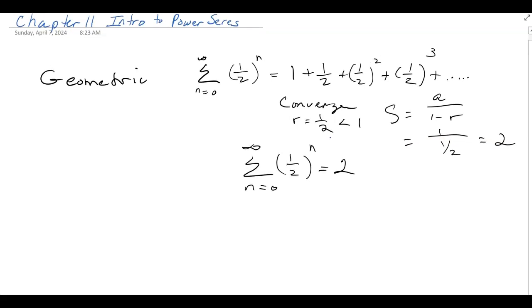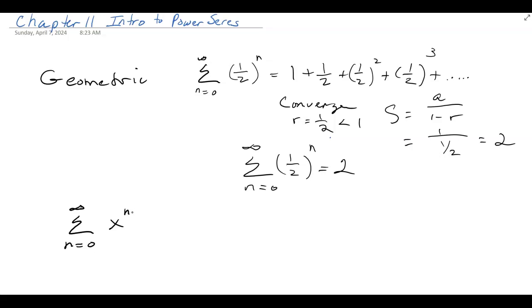Let me take my geometric series here, and instead of using a nice rational number like 1/2, where we could calculate the value of every single term, let's just simply replace it with x. I said we're going to start with a very basic series that you're kind of familiar with. So this x is some unknown value, and this is what we would consider a very basic power series.